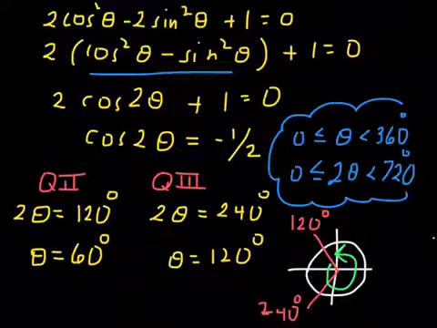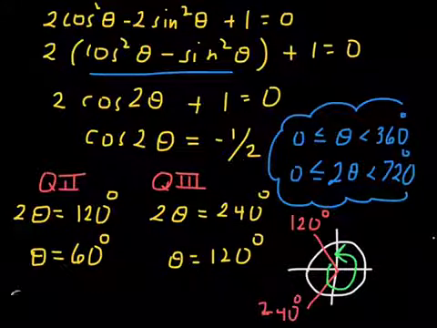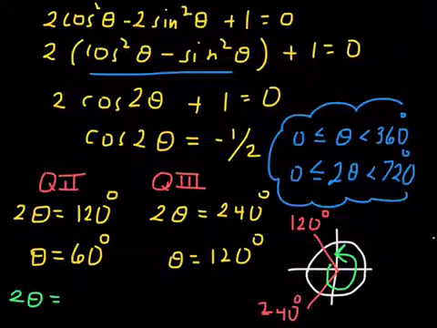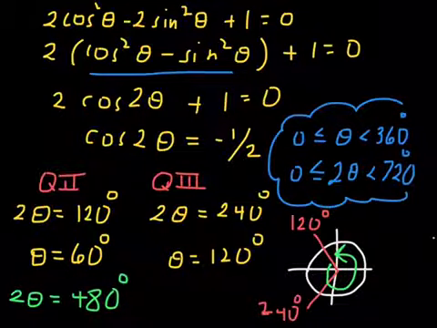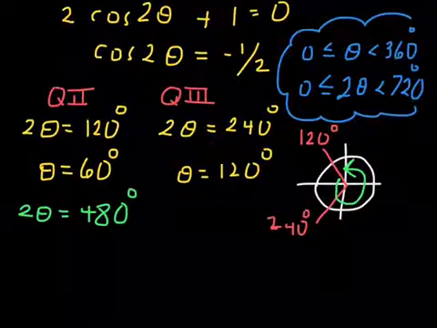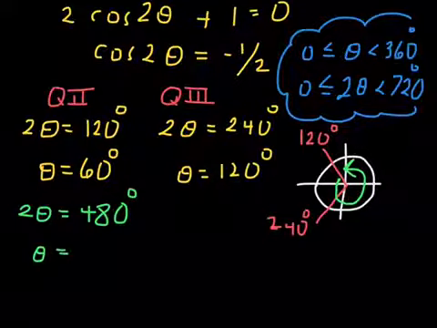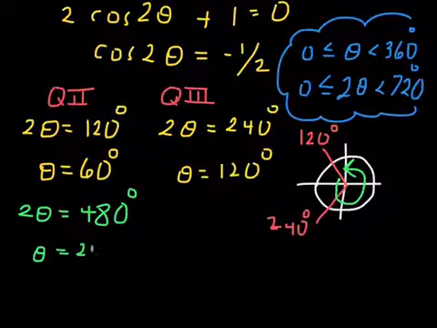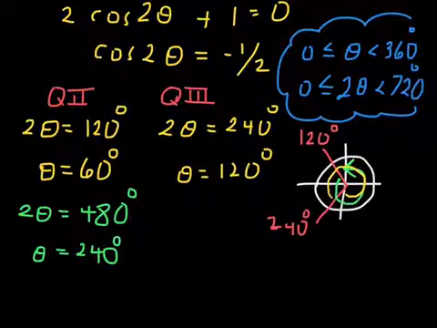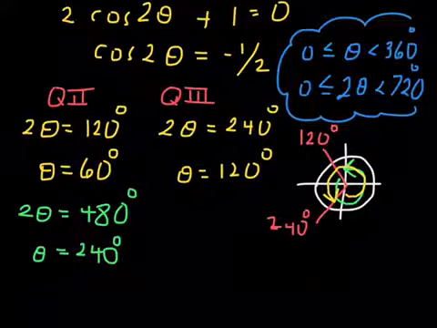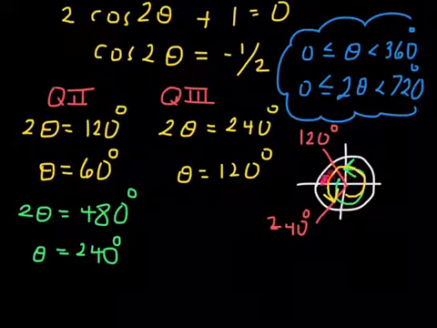That's right. So then 2 theta can also be 480 degrees. Now watch this. When you divide both sides by 2, you get that theta can be 240 degrees. That's another solution. Now watch this if you can. If you start at 240 and you add 1 full rotation to it, what is 240 plus 360?